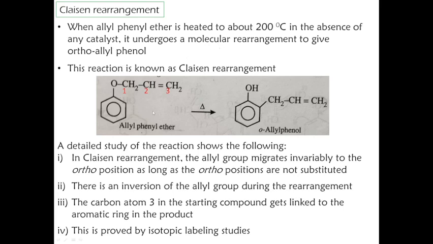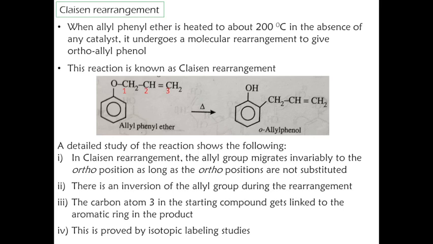So in this reaction, we take an allyl phenyl ether and just heat it at 200 degrees centigrade. Then we are getting ortho-allyl phenol. The ortho position of the phenyl group is getting attached by a rearrangement of the allyl group from here, and this kind of reaction is known as Claisen rearrangement.